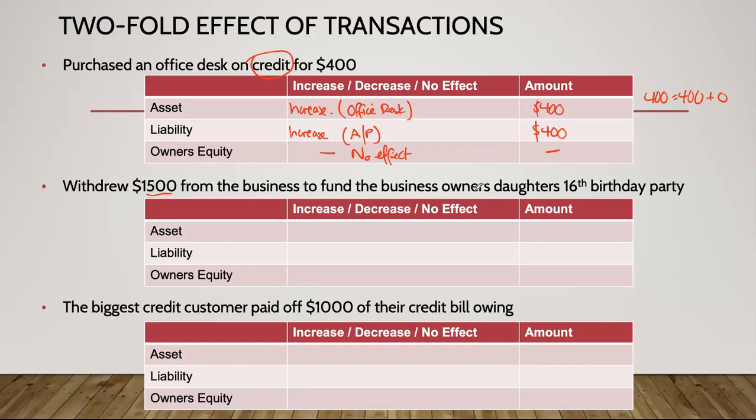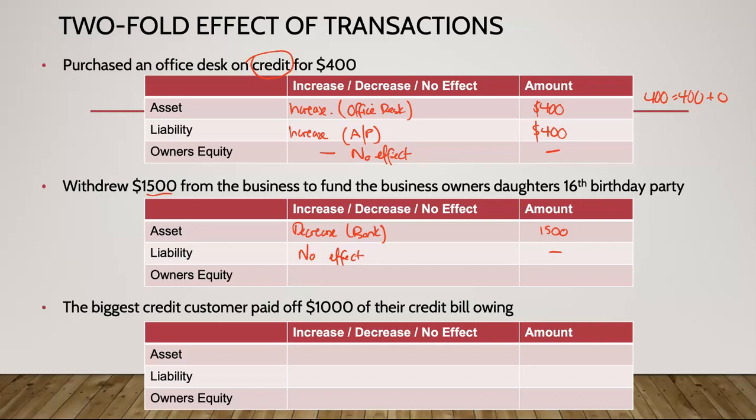party. What's happened here? My bank account goes down. My assets have decreased. What asset has gone down? Bank, and it's gone down by $1,500. There is no loan here, so there is no effect on my liabilities.